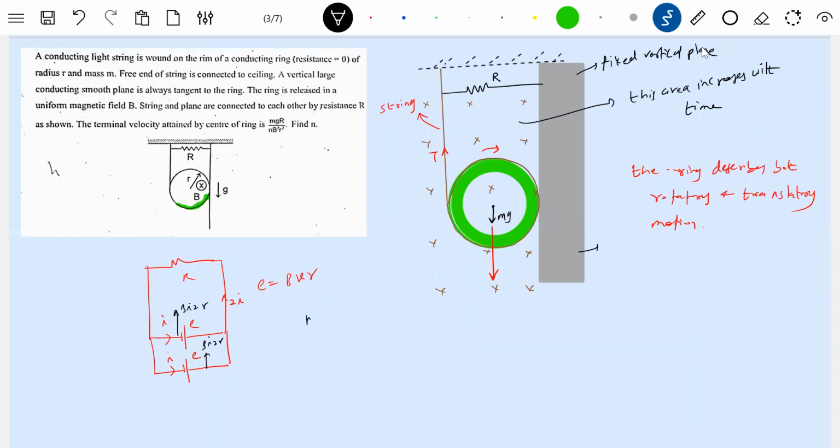The mg is balanced by 4BIR. What is I equal to? E by R. So it is 2 into BVR. So EMF is BV into 2R, okay.